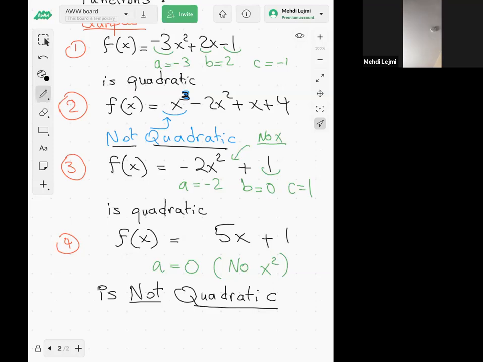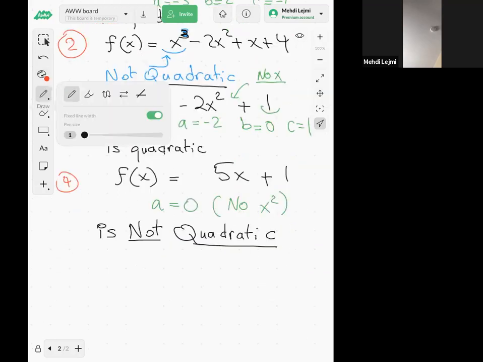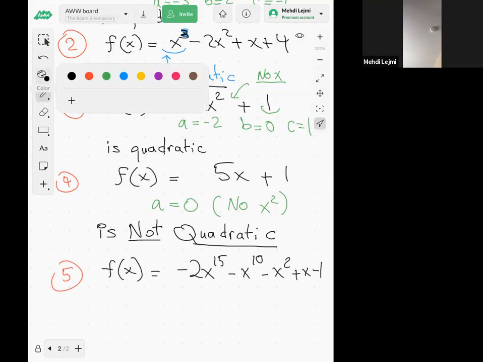Of course, you can have powers. This is my last example. Let's say f of x is negative 2x to the power 15, minus x to the power 10, plus x squared plus x plus 1 or minus 1. It doesn't matter if you have an x squared here, because you have powers larger than 2. We have this 15 and the power 10, both larger than 2.